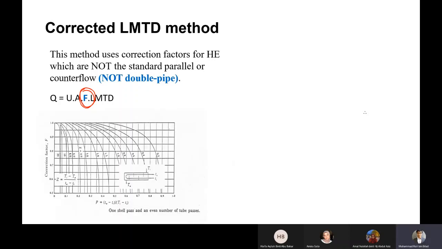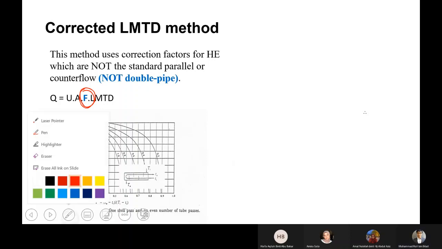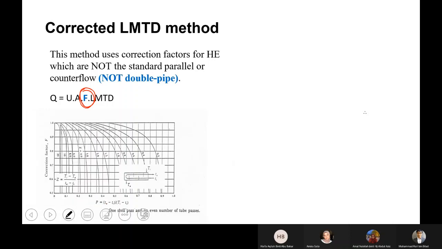So how to calculate F? It's very simple. Somebody already built the graph. For example, this graph is used for 1 shell pass and an even number of tube passes.